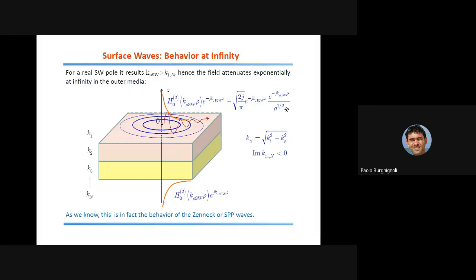This is the typical behavior of a cylindrical wave. The spreading factor in the denominator is typical of two-dimensional propagation, and it must be this spreading because of power conservation, of course. The exponential gives us the phase variation along the radial direction. And of course, inside the intermediate layers, instead of exponentials you will have trigonometric functions along z, describing the transverse profile of this surface wave.